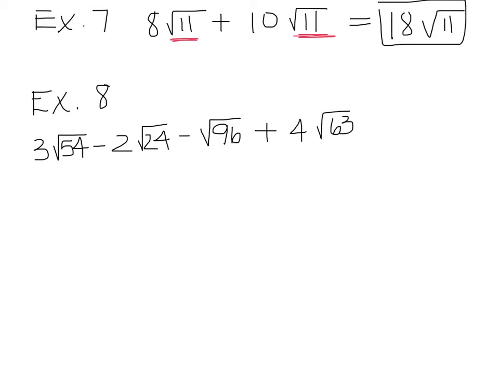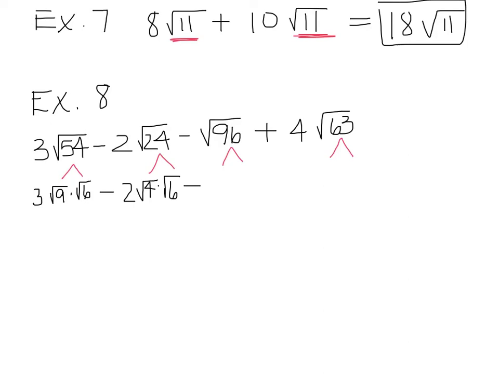What I'm going to do is break down each radical, and if there's a number already in front of it, then you have to multiply it. And this is where you're just going to have to know your perfect squares and know your factors. So I know 54 is 9 and 6. I know 24 is 4 and 6.